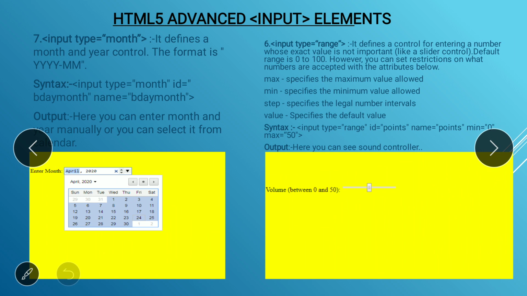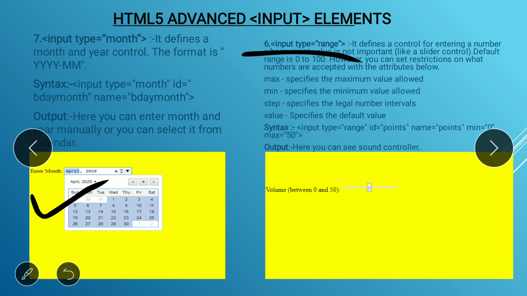The format is yyyy-mm. I already showed what the output of that program is. Month defines a month and year control. You can select the month and year using that month control, you can say.